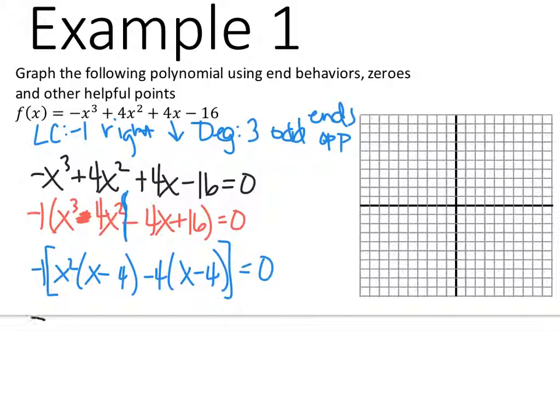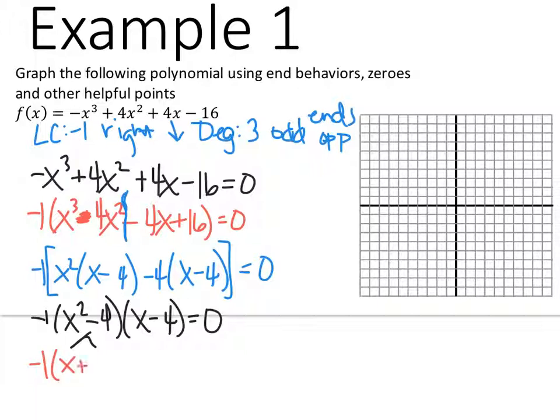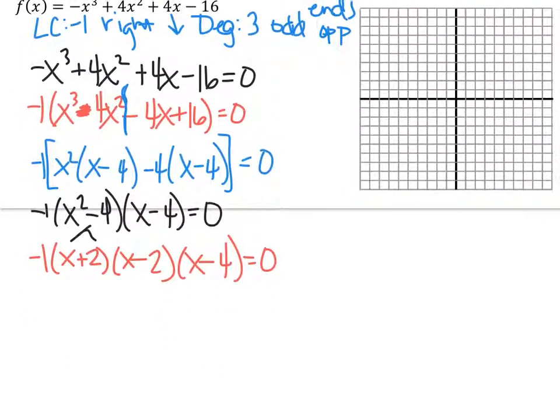So I'm going to set up, I have negative 1. I'm taking x squared minus 4, and I'm multiplying that to x minus 4. This will break down into x plus 2, x minus 2, and then x minus 4. So I'm going to take my 3 factors.